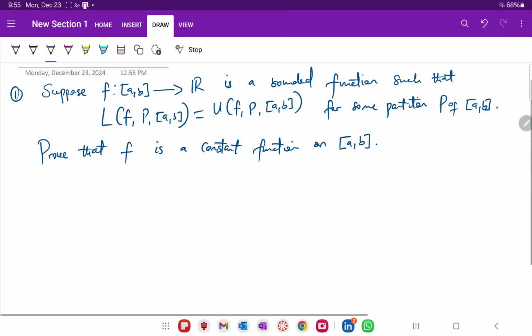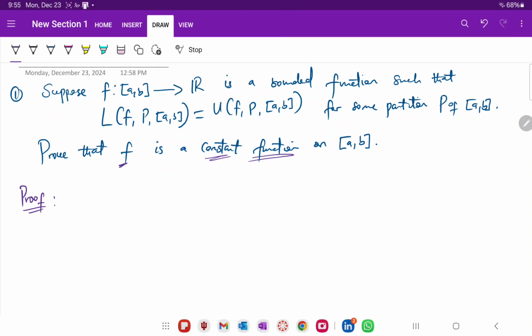Alright, so let's check the proof and see how it goes. Proof. So once you check that, prove that this function f is a constant function.